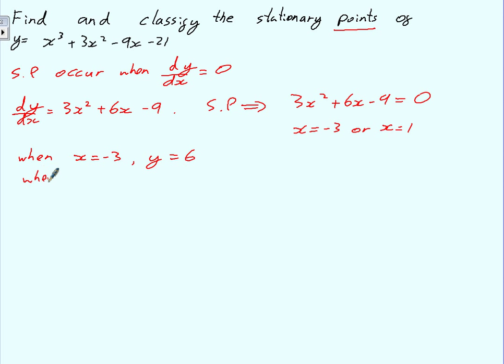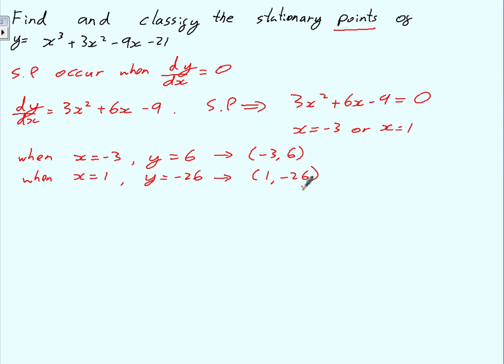And when x equals 1, if I put 1 into this equation, that's going to be 1, plus 3 is 4, minus 9 is minus 5, minus 21, y will be minus 26. So just writing these as coordinates, this is minus 3, 6, and this one is 1, minus 26.